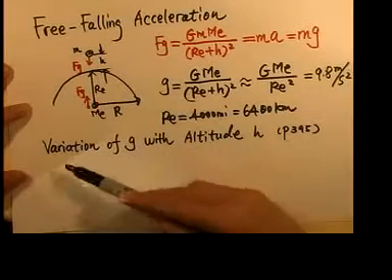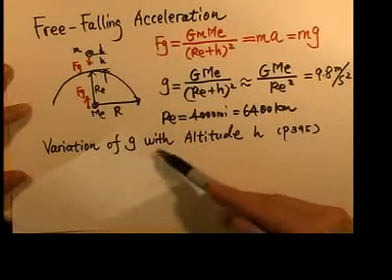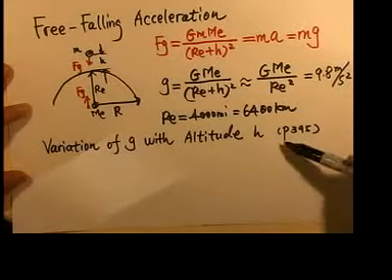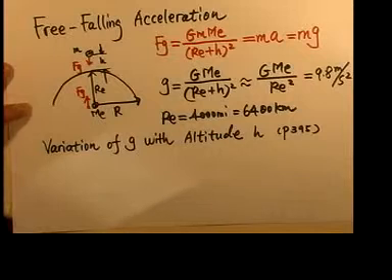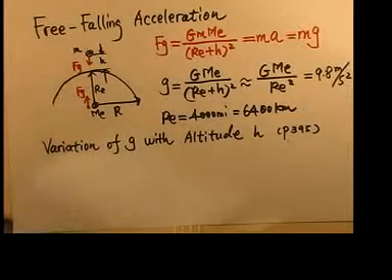For example, if we talk about variation of g with altitude h, on your textbook, page 395, there is a table. It gives us a list of very interesting results that tells us that when the h goes very large, the little g will decrease dramatically. For example, when altitude h is 1,000 kilometers, the g will come out as 7.33 meters per second squared.